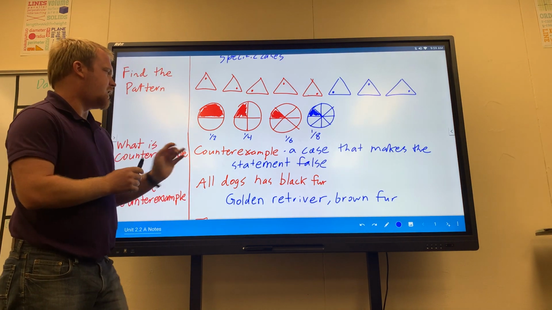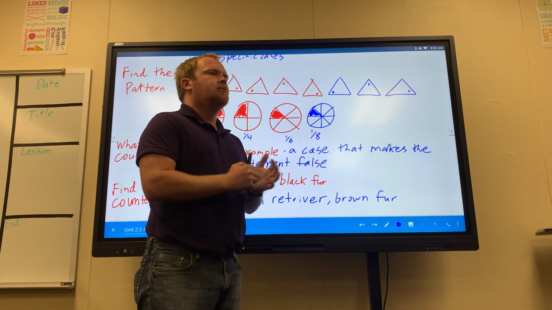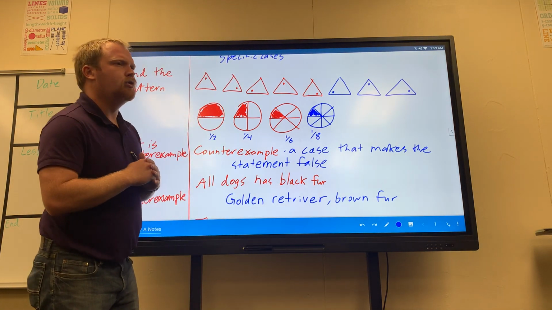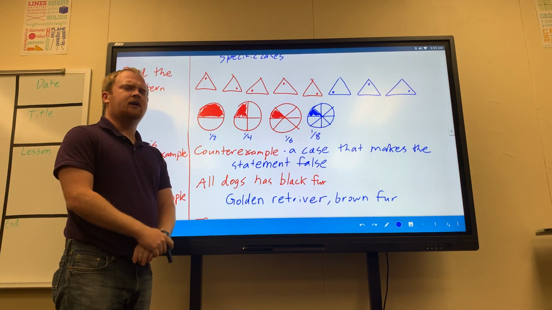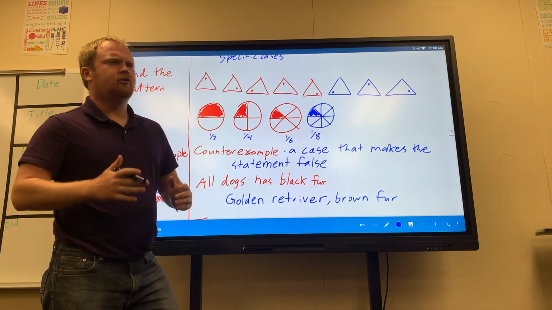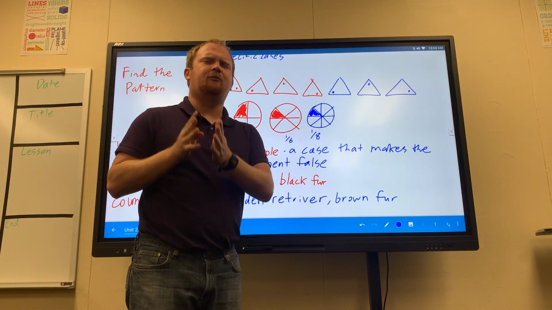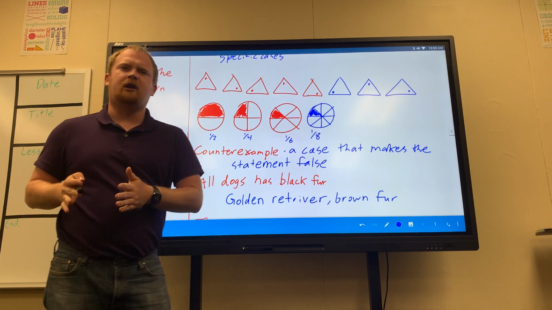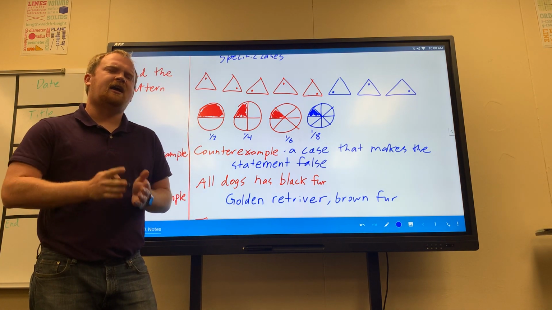Now, you can make a counterexample for those cases. And a counterexample will basically ruin the entire statement in itself. And remember, you just have to have one counterexample. Okay? So just remember, inductive reasoning is being able to find the pattern and continuing it and make a statement about it that hasn't been proven.